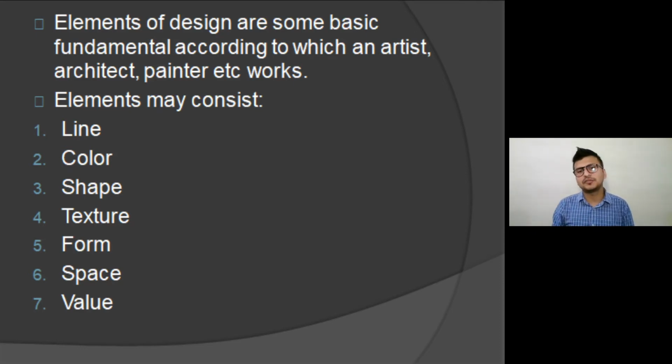So the first element of design is line, the second is color, the third is shape, fourth is texture, fifth is form, sixth is space, and seventh is value. These are the 7 basic, important elements that one needs.